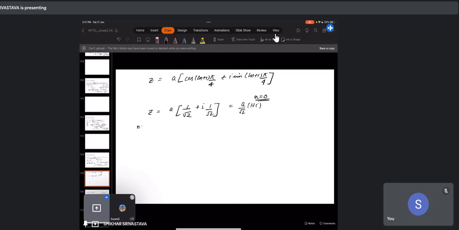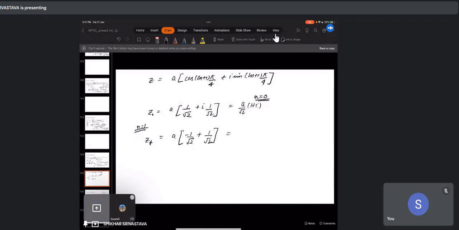Now put n equal to 1. Suppose you call these z1, z2. You will get cos of 3 pi by 4, and if you solve it, it will be minus 1 by root 2, and sine of 3 pi by 4 is plus 1 by root 2.